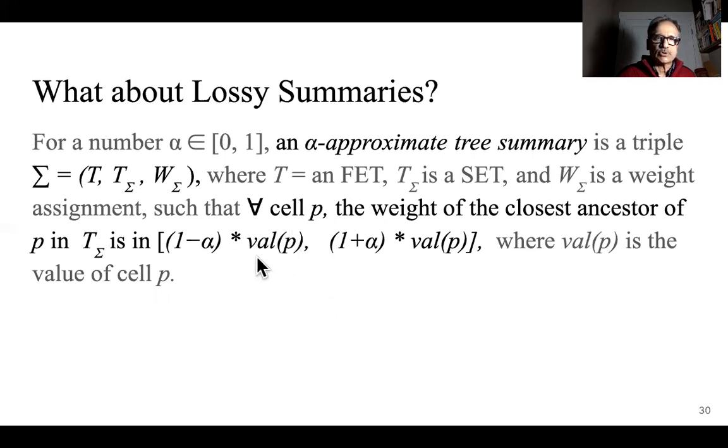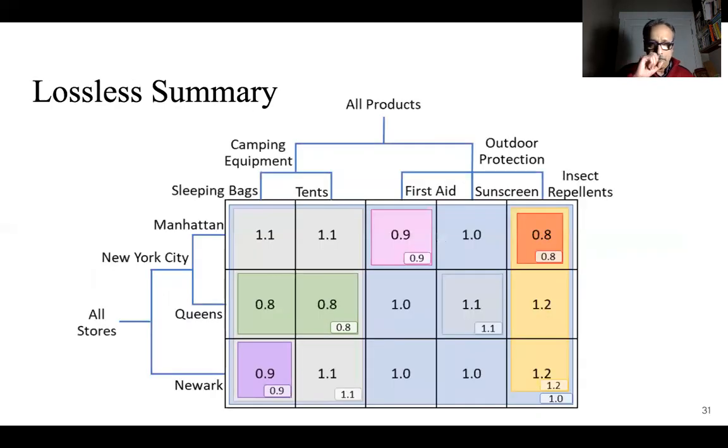So let's say this is the true value of the cell in question. The weight of the closest ancestor in the summary embedded tree for that cell should lie between 1 minus alpha times the true value and 1 plus alpha times the true value. Okay, so that simple change defines for us a lossy summary.